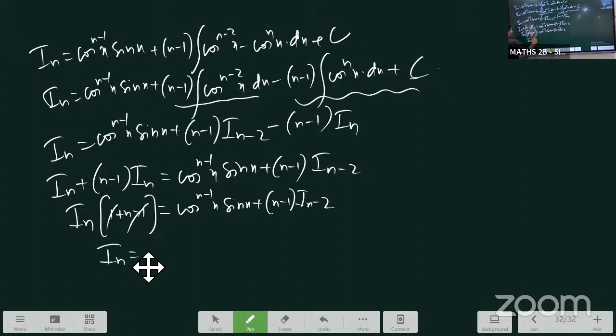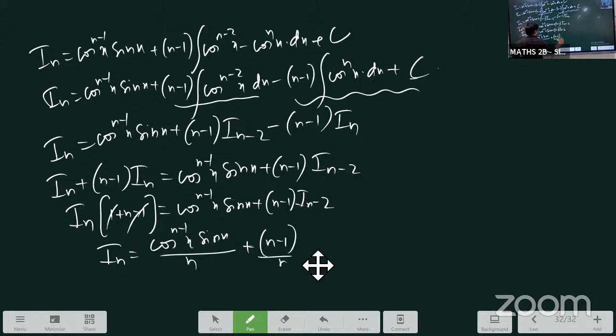Make I n the subject, bring n to the denominator, plus I n minus 2. Is it clear? Now this is the reduction formula for cos power n. So I n is equal to cos to the power n minus 1 x into sin x by n, plus n minus 1 by n into I n minus 2.